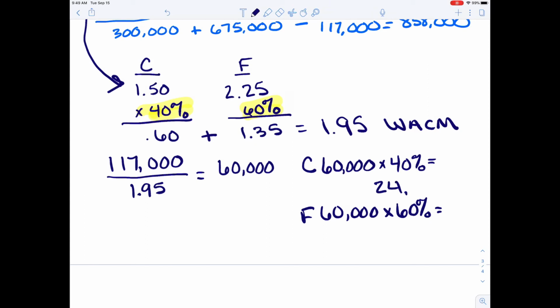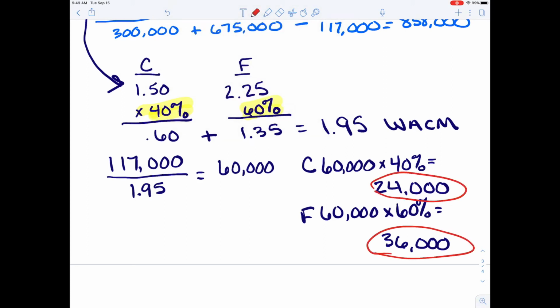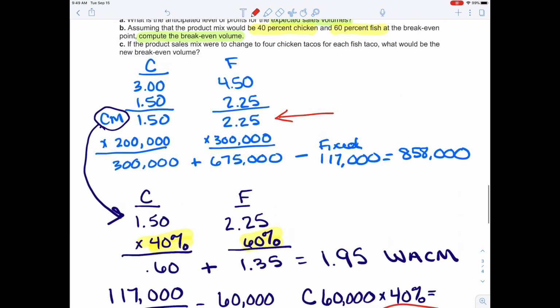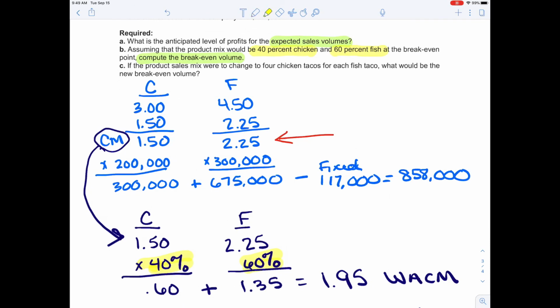I need to sell 24,000 and 36,000 of chicken and fish. So here and here. So that's looking at it as they're giving me the percentages of each one.